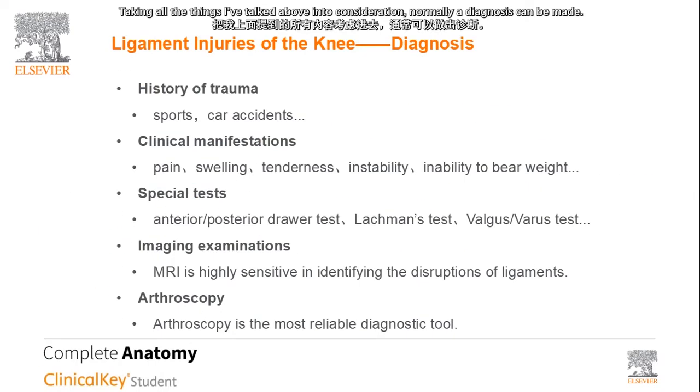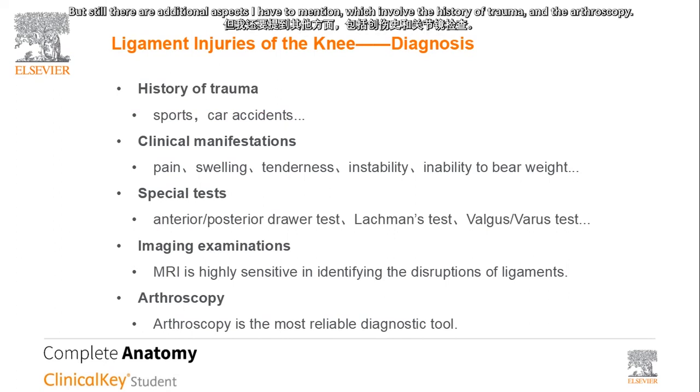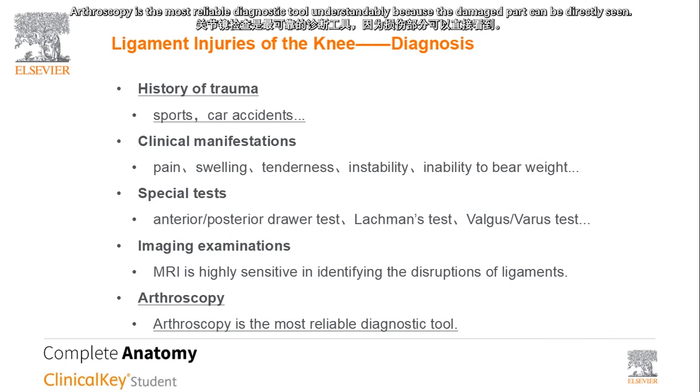Taking all the things I've talked about into consideration, normally a diagnosis can be made, but still there are additional aspects I have to mention, which involve the history of trauma and the arthroscopy. Arthroscopy is the most reliable diagnostic tool, understandably, because the damaged parts can be directly seen.